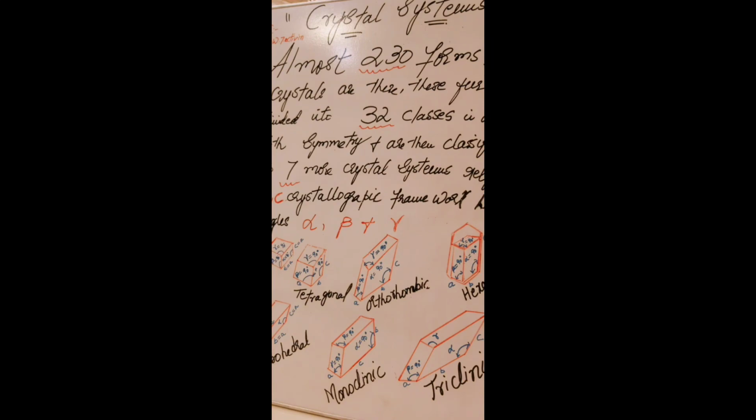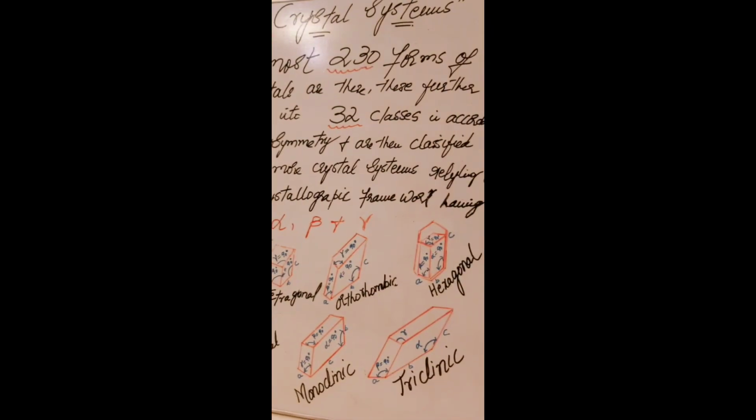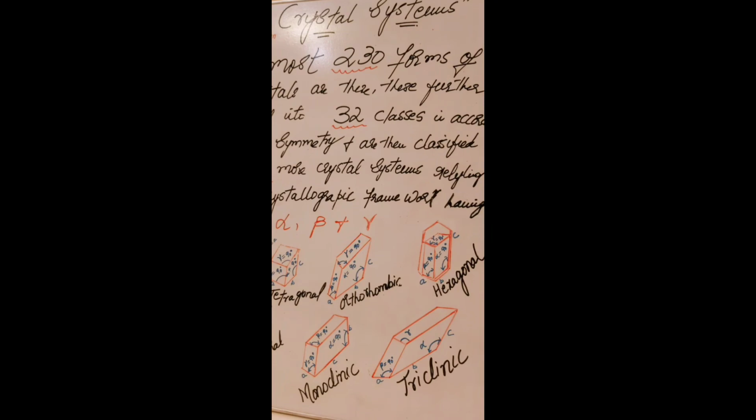That's why I found this topic very interesting, and I thought that it is directly related to X-ray diffraction, which I was explaining to you previously. So I thought that I must go through the crystal systems first, so that you should know what are crystal systems, how many types are there, and you should know what is diffraction. There are particular terms which you should know before jumping into Bragg's law, which hopefully I will be explaining to you in a nice way.